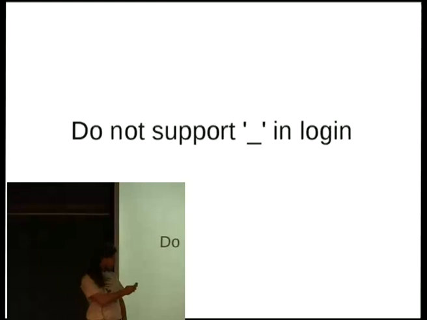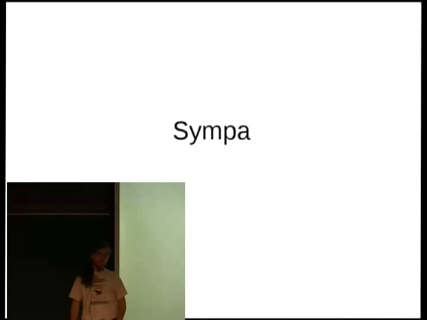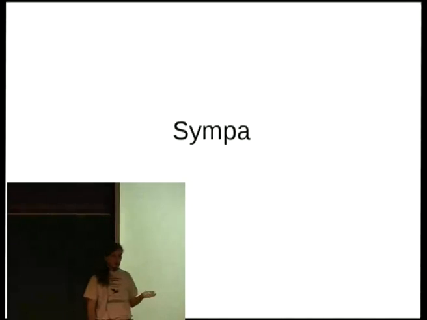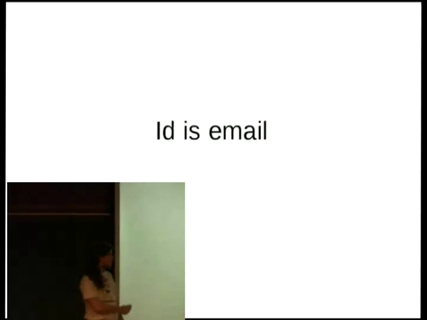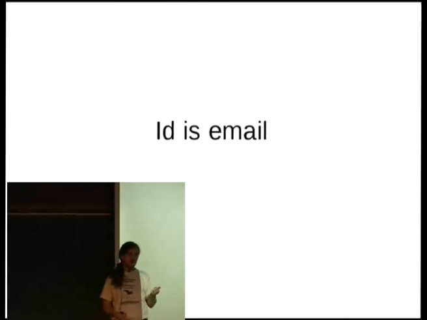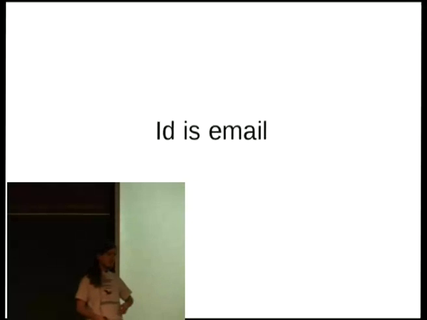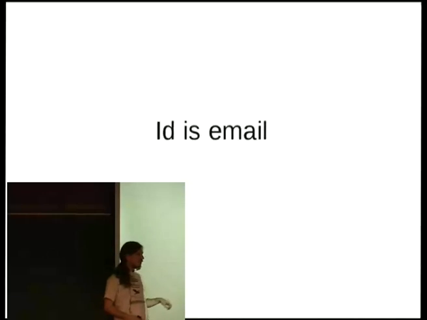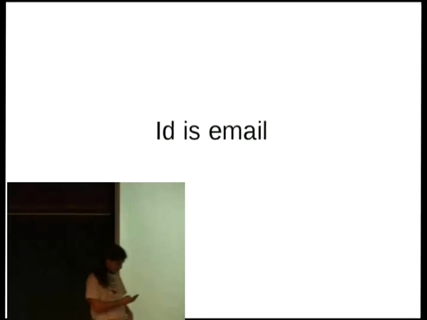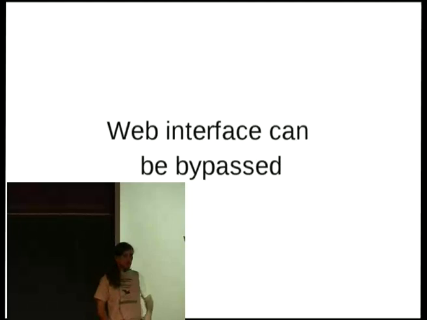There is stuff like Sympa, which we try to use instead of Mailman. And with Sympa, the problem is everything is stored as email. So when someone uses a login, it's translated to email, and then the email is stored in the Sympa database. So when someone wants to change the email, the admin needs to change it by hand, which is a pain. The web interface can be bypassed.